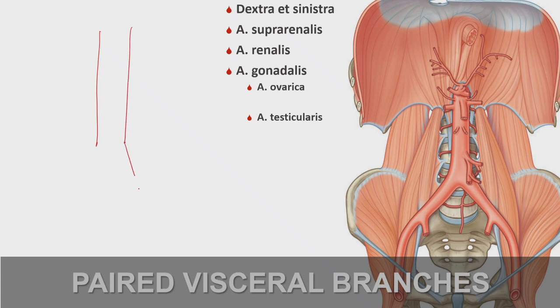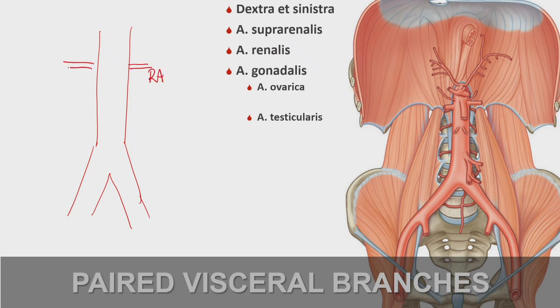Abdominal aorta has those unpaired to the gastrointestinal organs, like spleen, pancreas, gallways, liver, and paired are for the urogenital tract. So those paired are renal arteries.